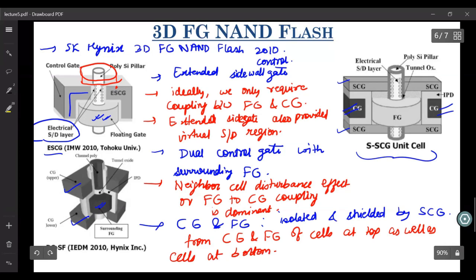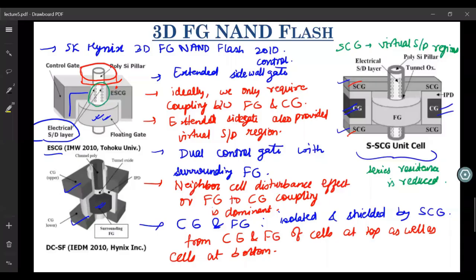So this SCG gate provides a shielding effect to this control gate and floating gate. And what is the use of this SCG? As I told, as was the case here also, this SCG is used to produce virtual source and drain regions so that the series resistance is reduced.